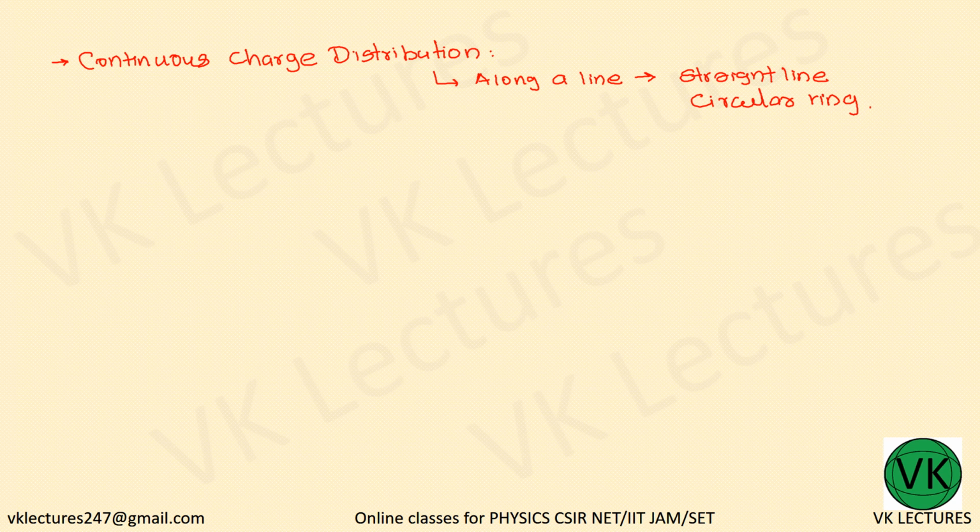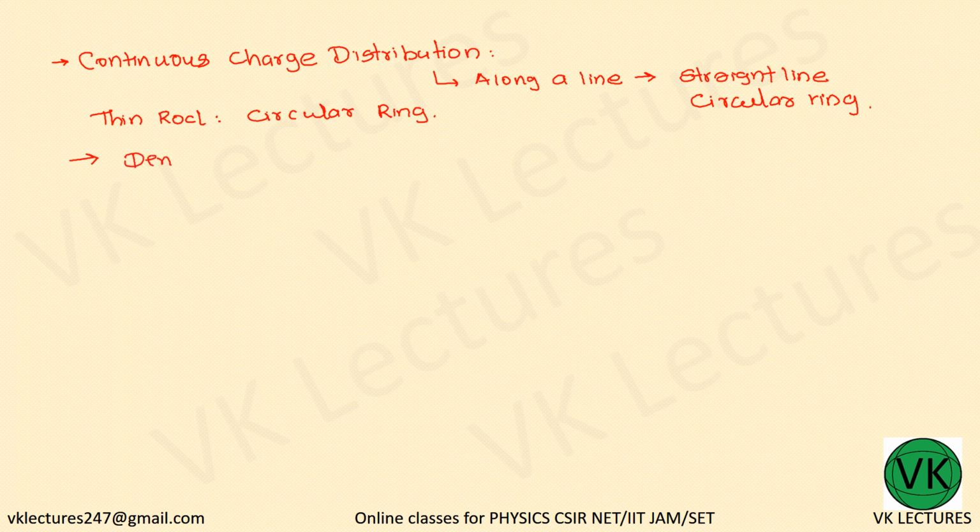Alright, now consider a thin rod. A thin rod is an example of continuous charge distribution along a line, or another example is a circular ring. Here we define the charge distribution by density.